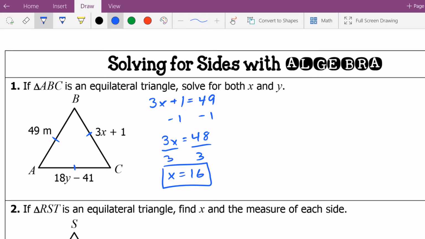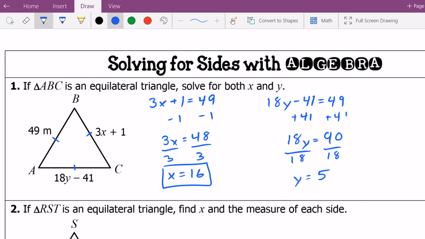Solving for y, we just do 18y minus 41 equals 49. Add 41 to both sides, and we get 18y equals 90. Divide by 18, and we get y equals 5.